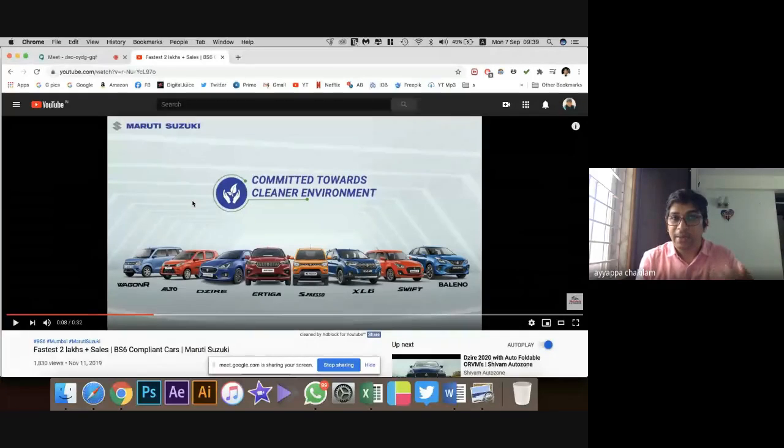So as from April 2020, no automaker should sell any car that had BS4 or BS5. It should sell only BS6. And Maruti was ahead of its competitors and started selling BS6 cars as early as 2019. Starting of 2019, they started selling BS6 cars. Others were lagging behind.